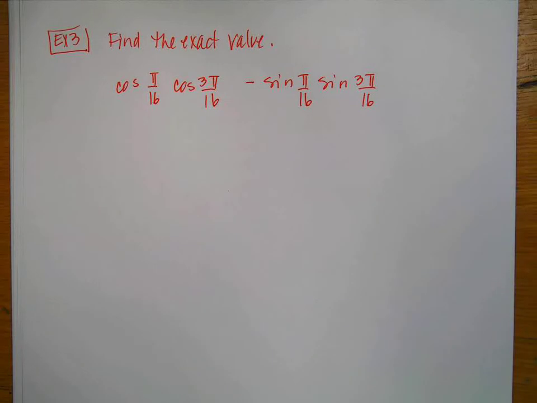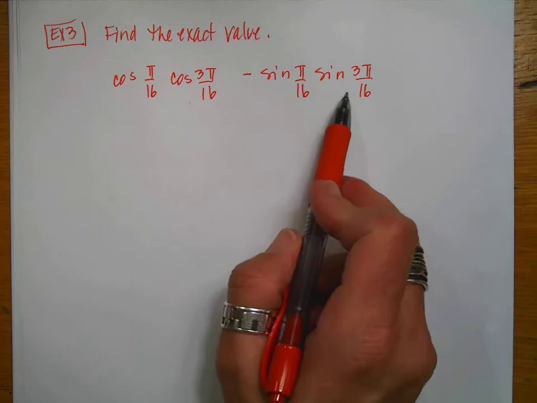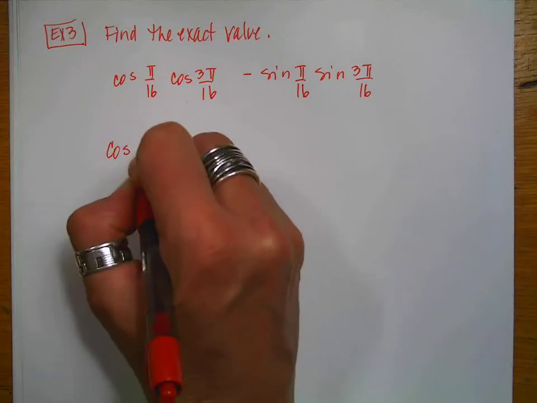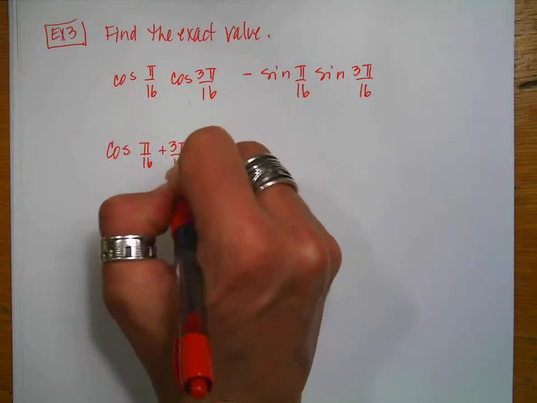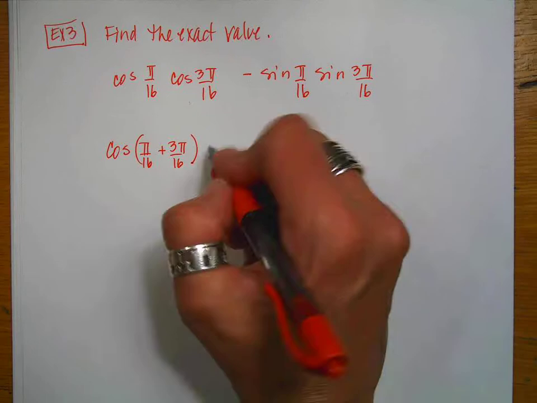So the interesting thing on this one is that the problem started with the cosine of a sum. If you look at your identities, cosine, cosine minus sine, sine is the cosine of a sum. So this is the cosine of pi over 16 plus 3 pi over 16, okay?